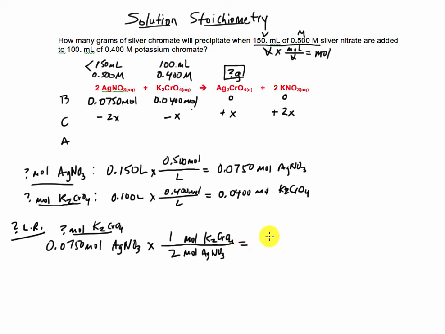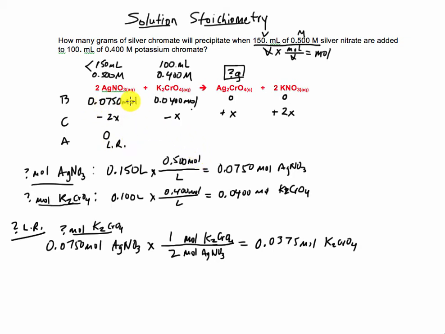Just divide that in half and I end up with 0.0375 moles of potassium chromate. What this means is that this is how much potassium chromate I need to react with 0.075 moles of silver nitrate. If I compare that to what I actually have, I clearly have way more than I need. So, by default, silver nitrate has to be my limiting reactant. And there's your limiting reactant.